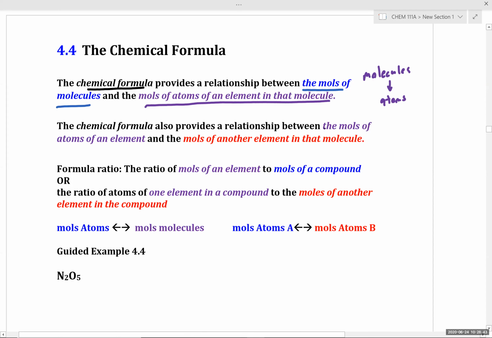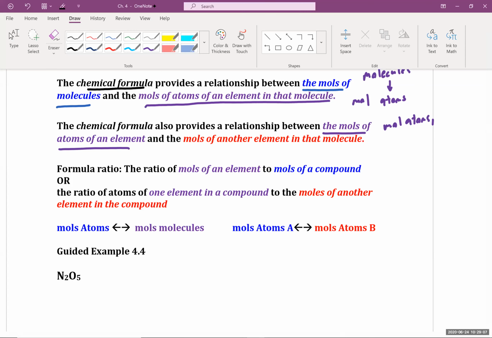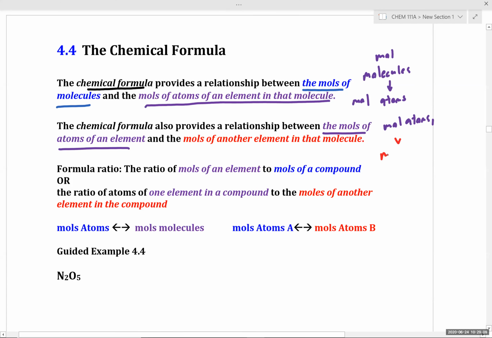The chemical formula also gives us a relationship between the moles of atoms of an element, atoms 1, and the moles of atoms of another element in that molecule. So we can go from moles of molecules to moles of atoms, and we can also go from moles of atoms 1 to the moles of atoms in another element that we'll call moles of atoms 2.